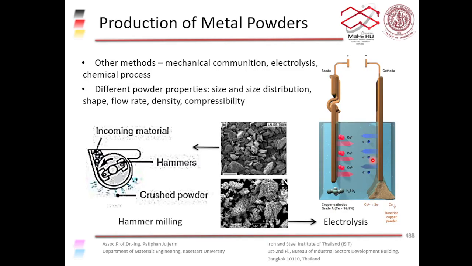Other methods of producing powder include mechanical comminution, electrolysis, and chemical processes. Mechanical comminution is basically using a sort of blender or grinder, like hammer milling.